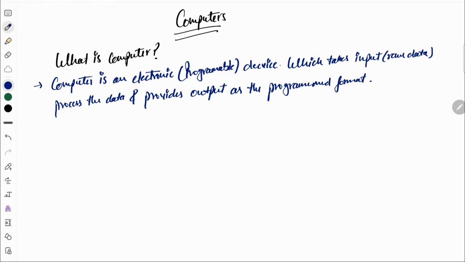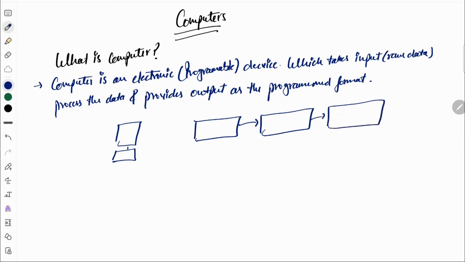What does this mean? It means a computer. This is a computer. How does it work? There is a simple three-step process which a computer combines to work. What are those? First, input, process, output.